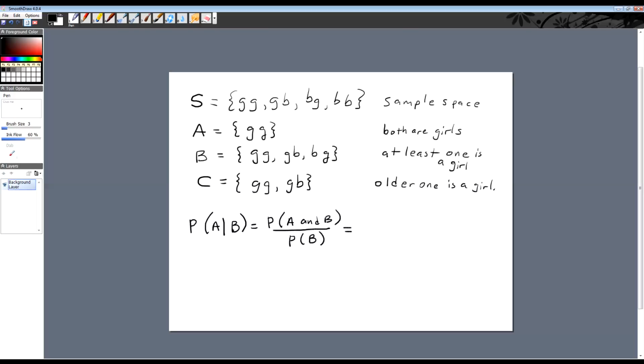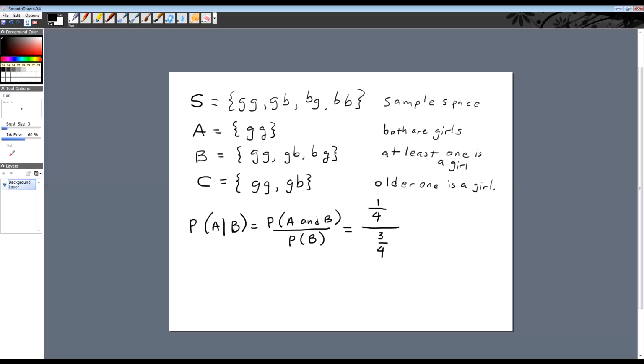A, as far as the sample space is concerned, has a probability of 1 over 4. The probability of B is 3 over 4 because there are 3 of these over the 4 in the sample space.